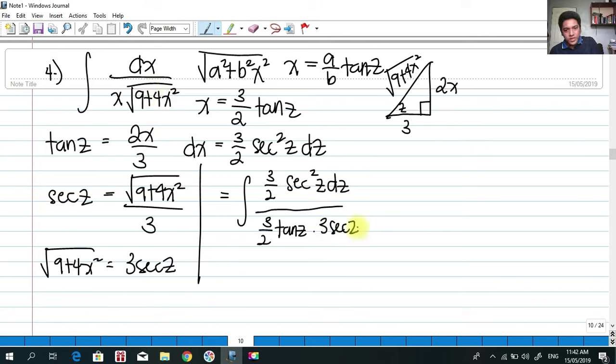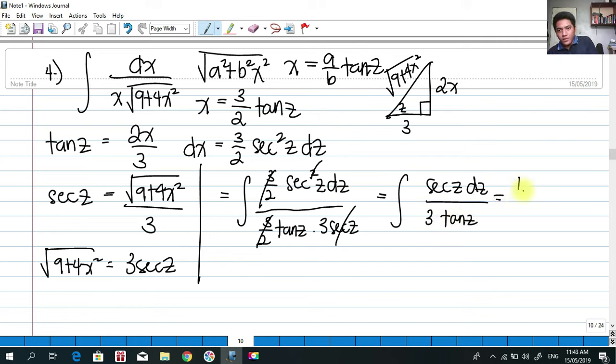As you can see, 3 halves will cancel, and one term of secant will cancel with this, so that you are left with the integral of secant of z dz over 3 tangent of z. So we can factor out 1/3 integral of secant of z dz over tangent z.